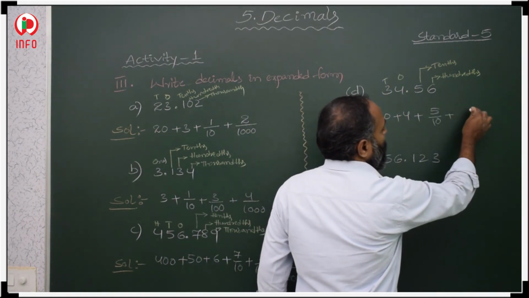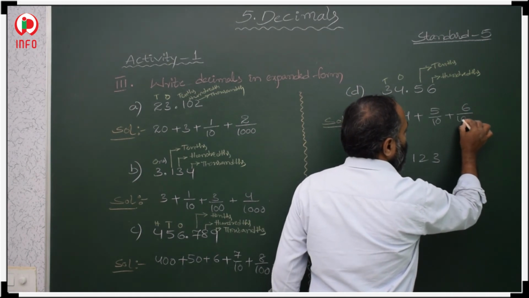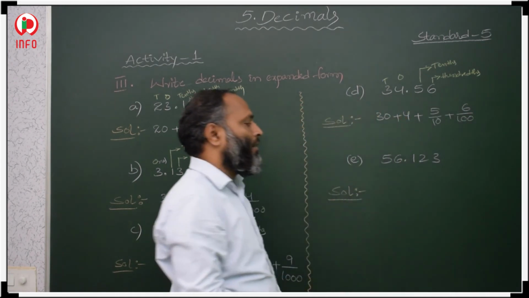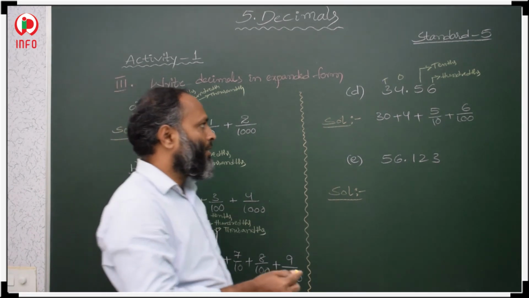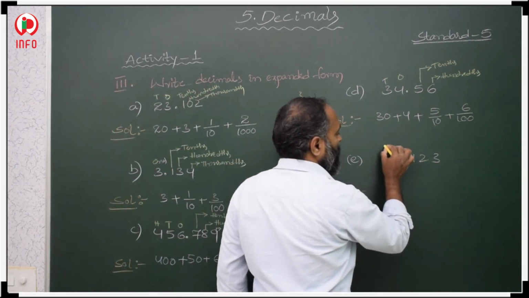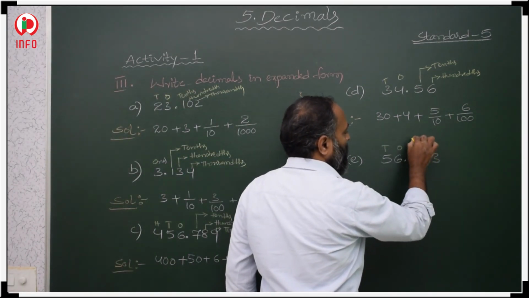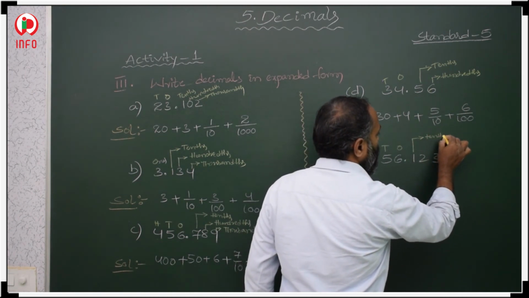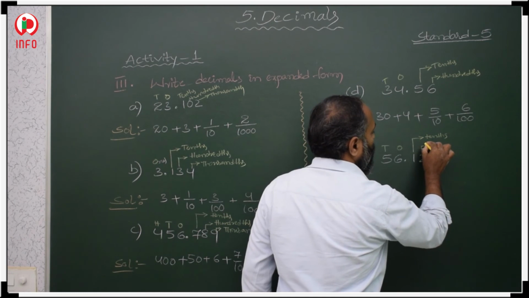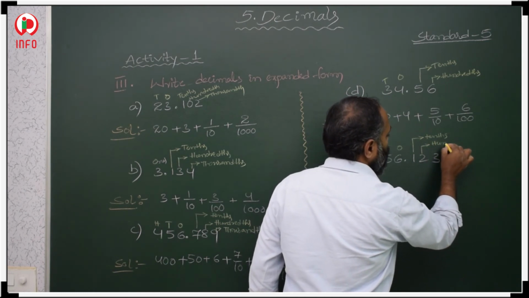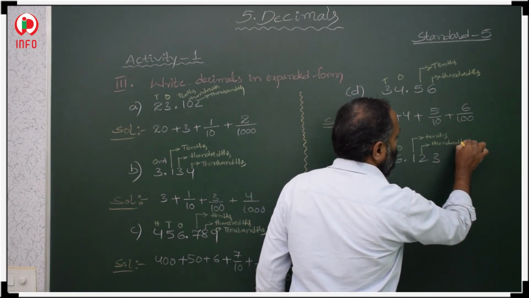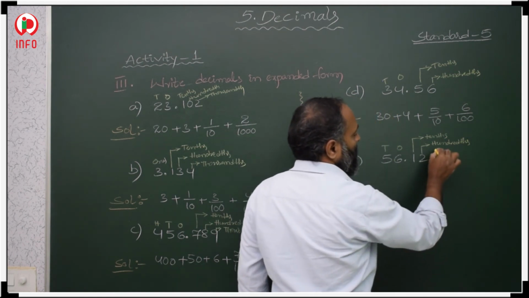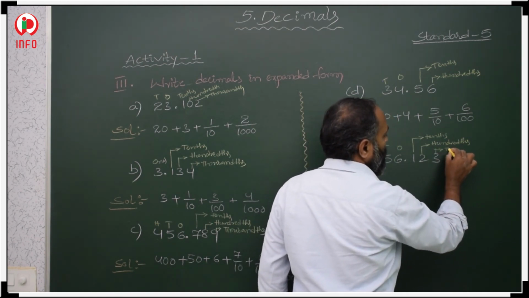Then 6 is in hundredths place, 6 by 100. Then for the next one, this is ones place, tens place, hundreds place, thousands place.